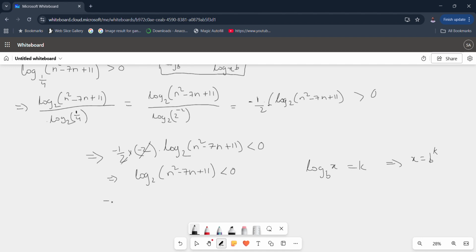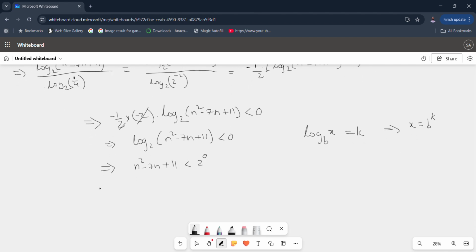Using this, n square minus 7n plus 11 will be equal to 2 power 0. 2 power 0 is 1, and we bring the 1 to this side, so it becomes minus 1 equal to 0, and this gives n square minus 7n plus 10.